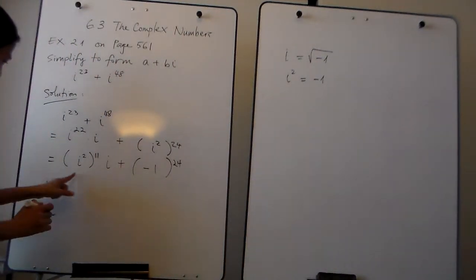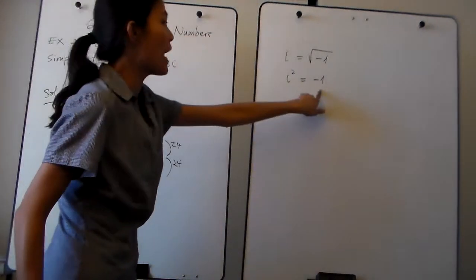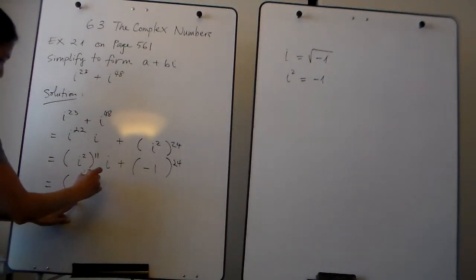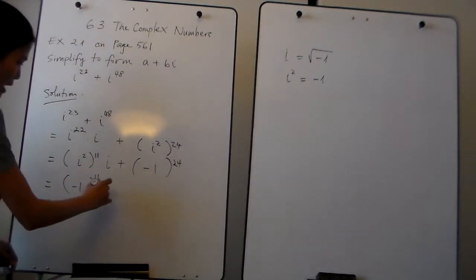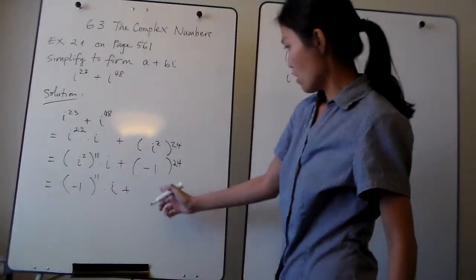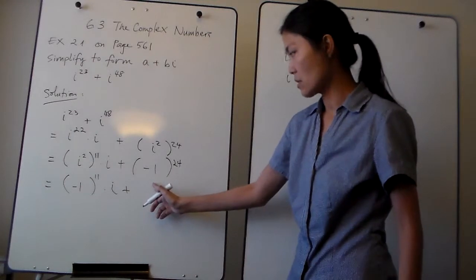And similarly, we have i squared inside the other parentheses. You can use the same formula, i squared equals -1, so replace i squared with -1. And this is raised to the 11th exponent times i plus, now you have -1 inside the parentheses.